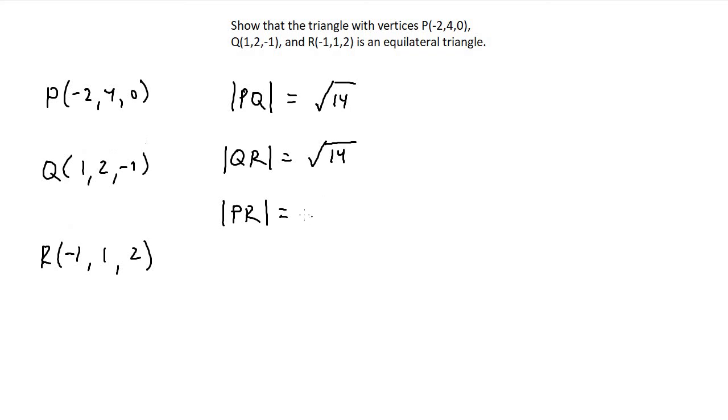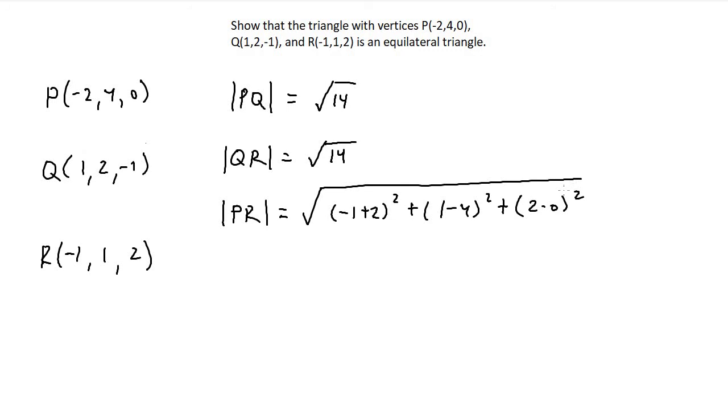So we're going to take the square root of -1 minus a -2 squared, so -1 plus 2 squared, plus y2 minus y1, so 1 minus 4 squared, and then plus z2 minus z1, or in other words 2 minus 0, or just 2 squared. And so -1 plus 2 is 1, 1 squared is 1. Now 1 minus 4, -3 squared is 9, and then plus 2 squared, which is 4. And so we also get the square root of 14.